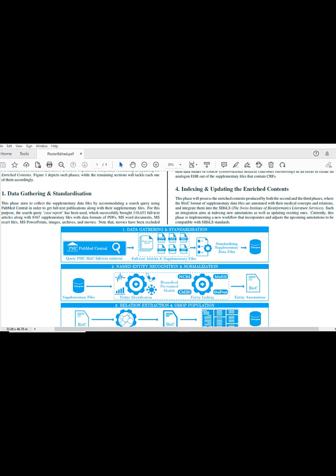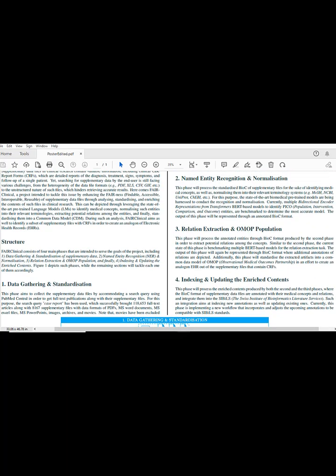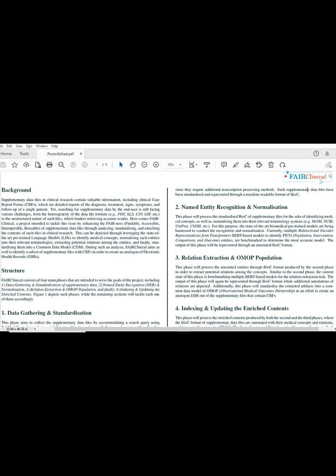Then they standardized those supplementary data files into a machine-readable format, the BioC format, which enables the annotations and the enrichment of metadata.